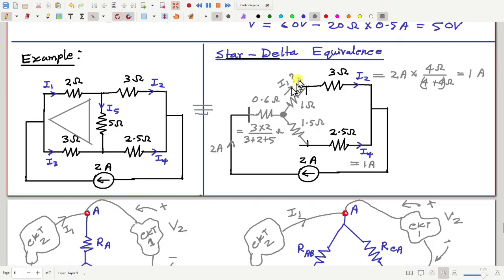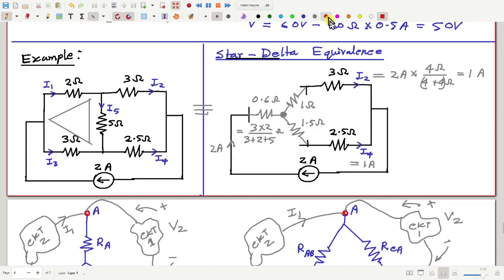Is this also I1? No, sir, because this part is changed. So this part is not the same as the original circuit. So how to find I1?